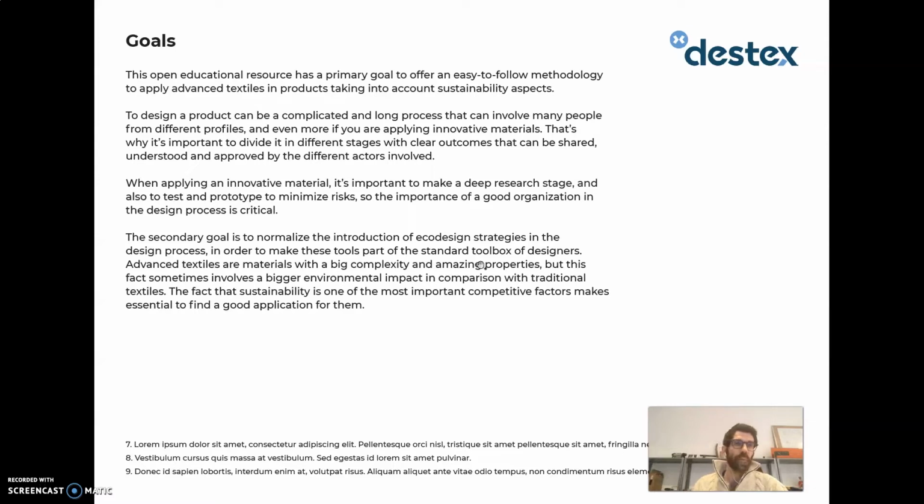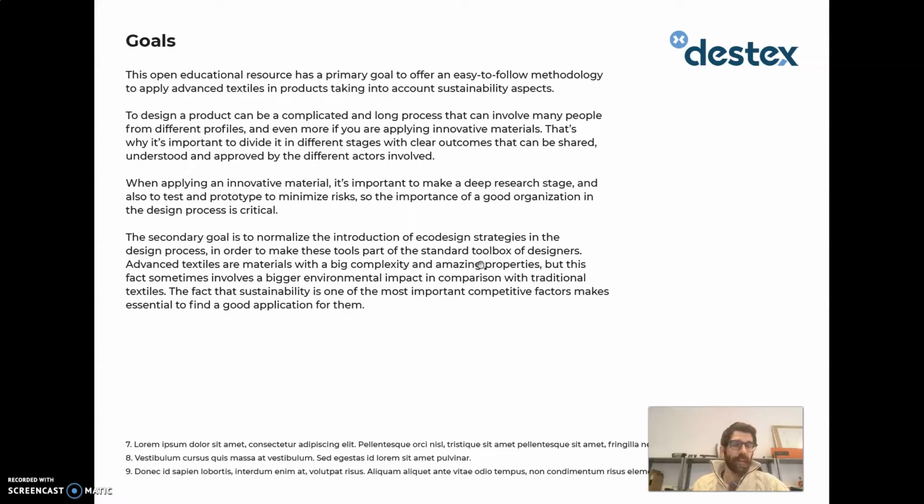That's why it's really important to bring into the team these different profiles, these different points of view, that share clear outcomes and agree the structure of the process that is going to be followed. Because when sharing and agreeing, the methodology works much better.